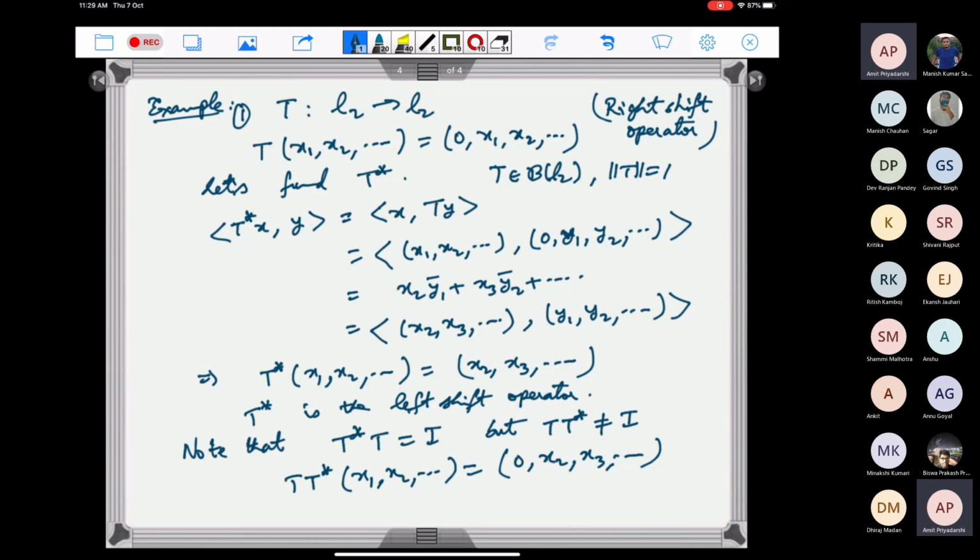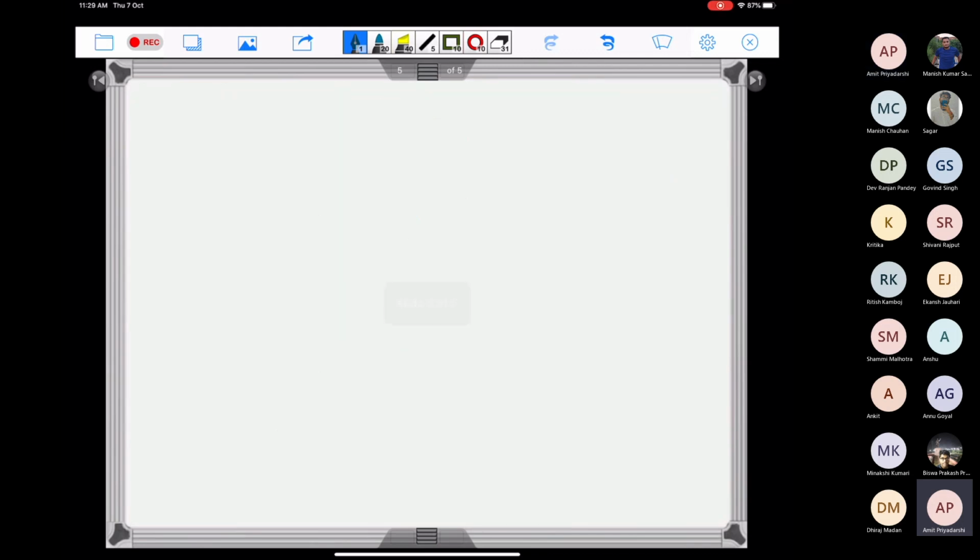Maybe one more example, let me write. For any continuous function phi on [0,1], C[0,1], define T phi from L2[0,1] to L2[0,1].